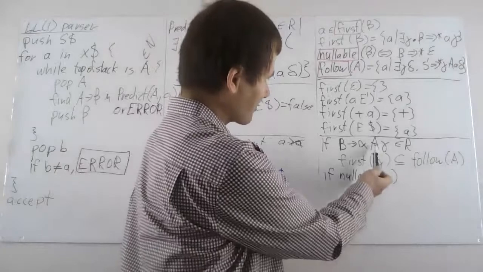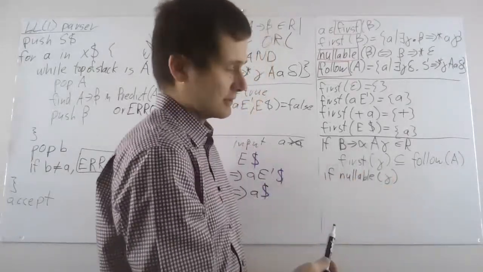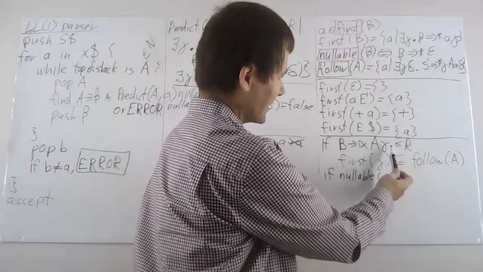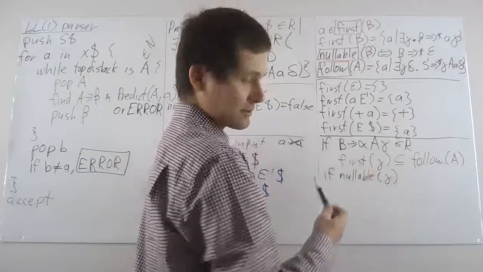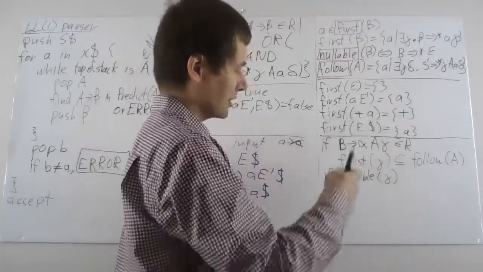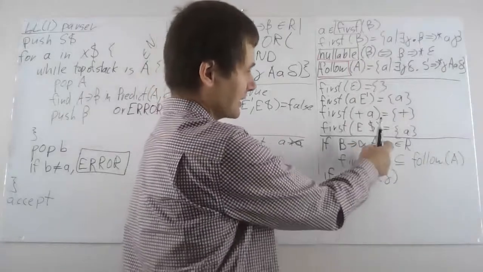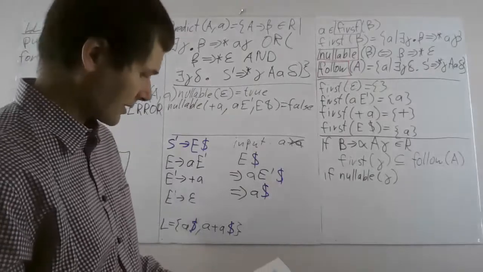And so then, what would come after the A in the sentential form? Well, the B turned into alpha A. So whatever is after A, or whatever was after the gamma, could have come after the B, right? Before I applied this production rule, whatever was after the B is now after the A, after the gamma has turned into nothing.